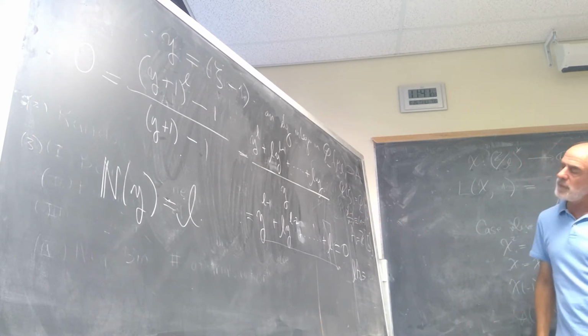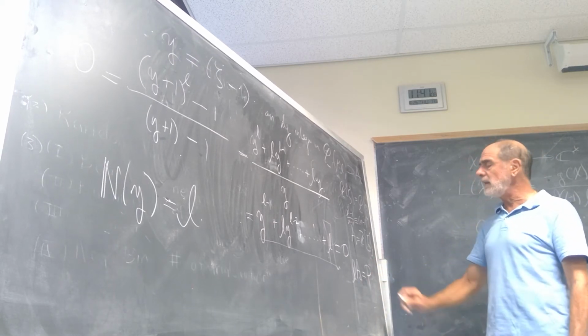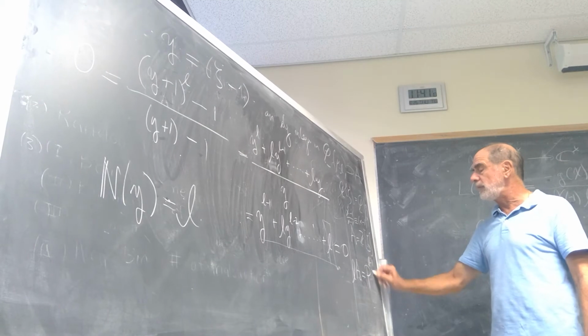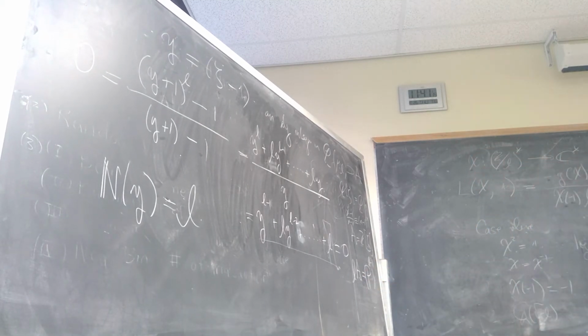So the ideal dividing L in A is an ideal of degree 1 raised to the L minus first power, namely it's ramified and its ramification index is L minus 1.